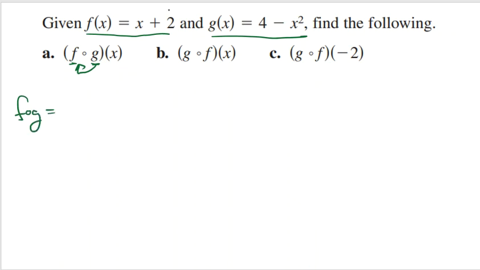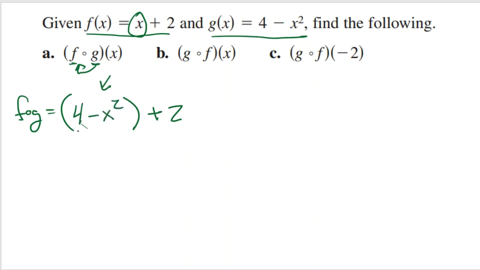Well, think about it like this. f is this function that says take something and add 2 to it. So what I'm doing is the something is now g. I'm literally composing f with g. So the something I'm going to plug into f is 4 minus x squared.